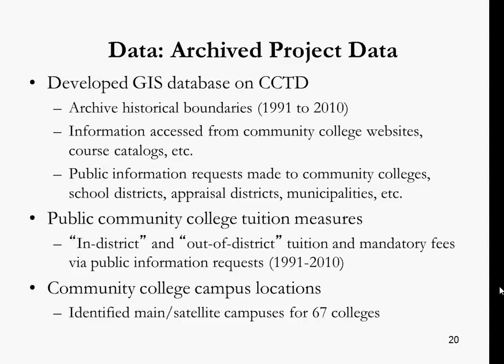We've also, although we haven't used this data yet, managed to locate not just the main community colleges, but all their satellite campuses. We did that using the Freedom of Information Act, asking them for not just their main campus, but their satellite campus locations.